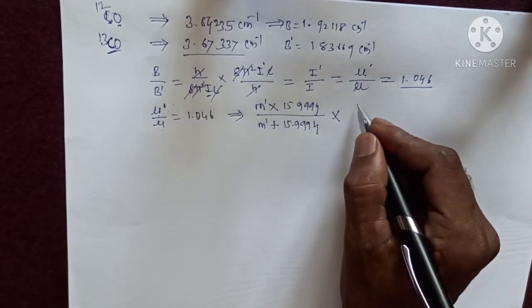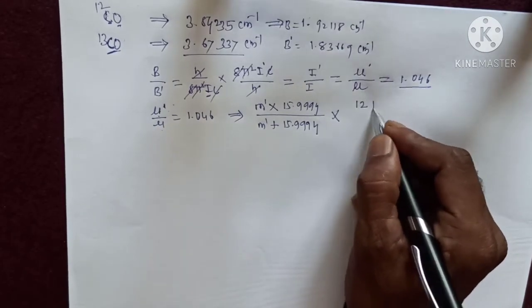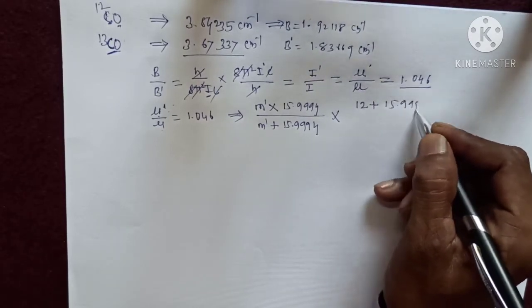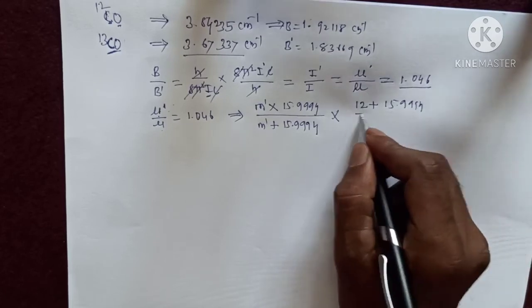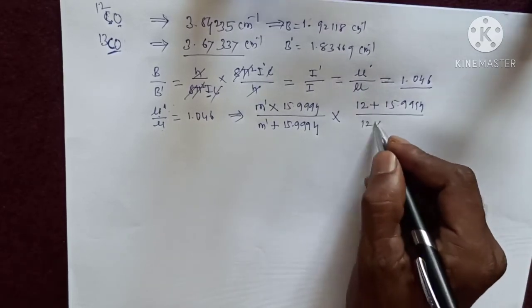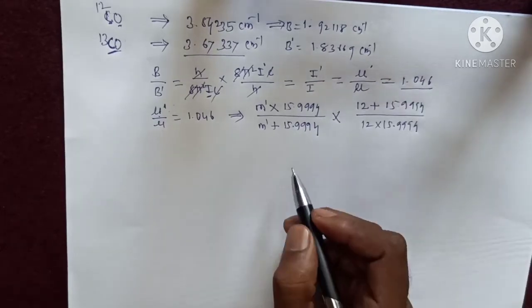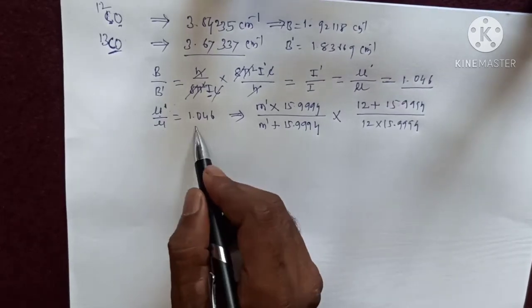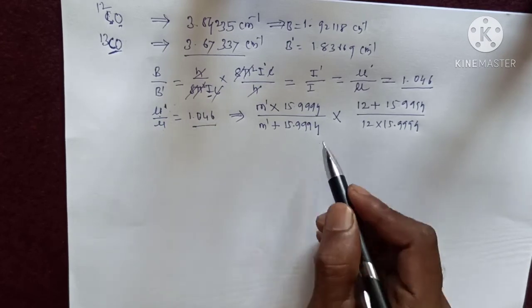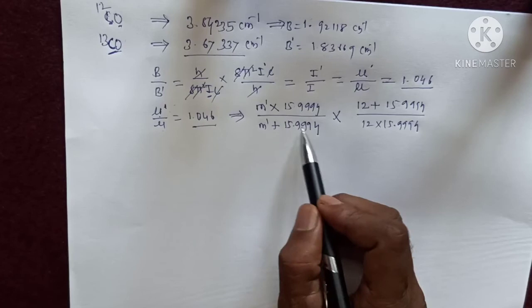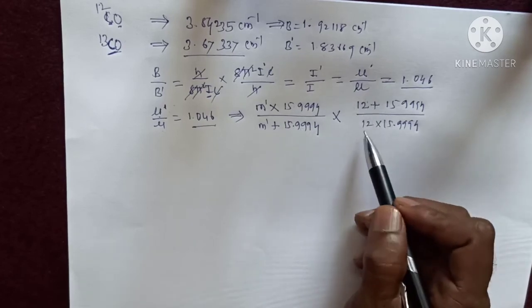Here we know the mass of carbon is 12 and the mass of oxygen is 15.9994, so mu is 12 into 15.9994 divided by 12 plus 15.9994, isn't it? All the values are known: the ratio is known, the mass of oxygen is known, and the mass of carbon 12 is 12.